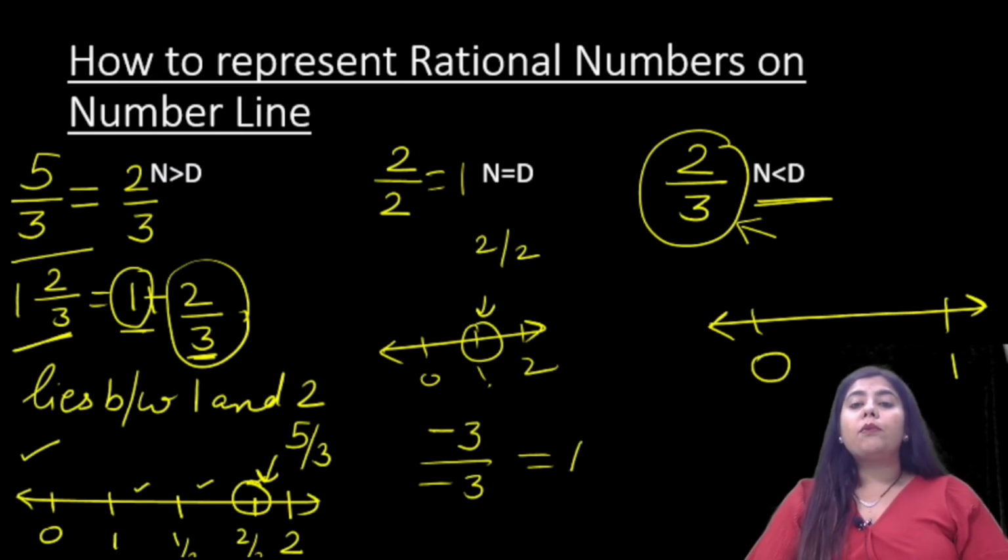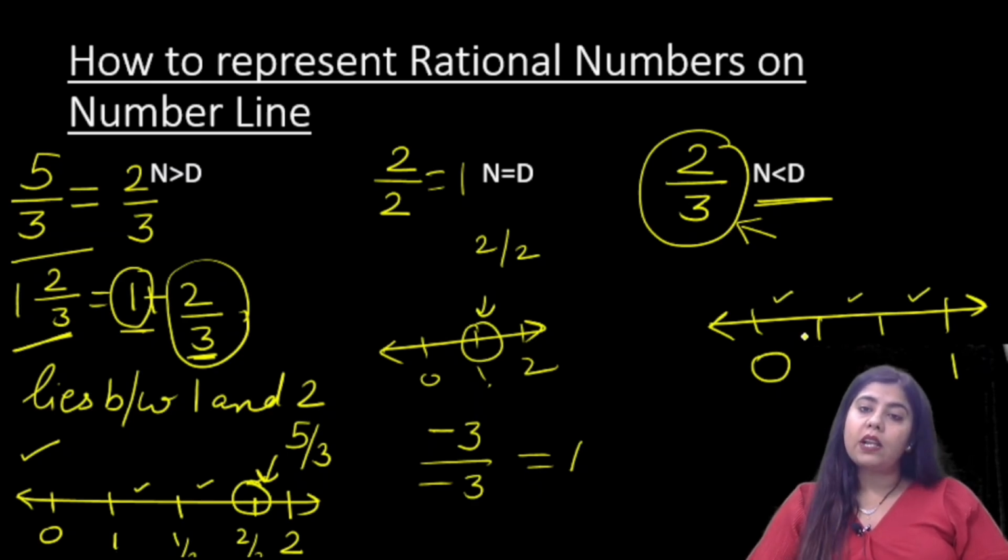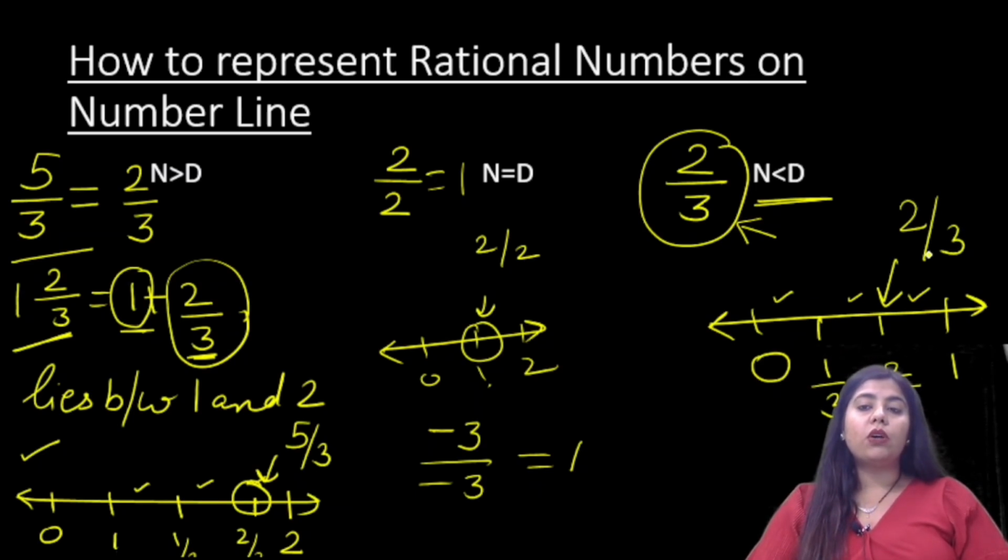As the denominator is 3, we again have to divide the number line from 0 to 1 into 3 parts. This is the first part, this is the second part, and this is the third part. After 0, the first part out of 3 is 1 upon 3. The second part out of 3 is 2 upon 3. We have to represent 2 by 3 only, so this is 2 upon 3 on the number line.